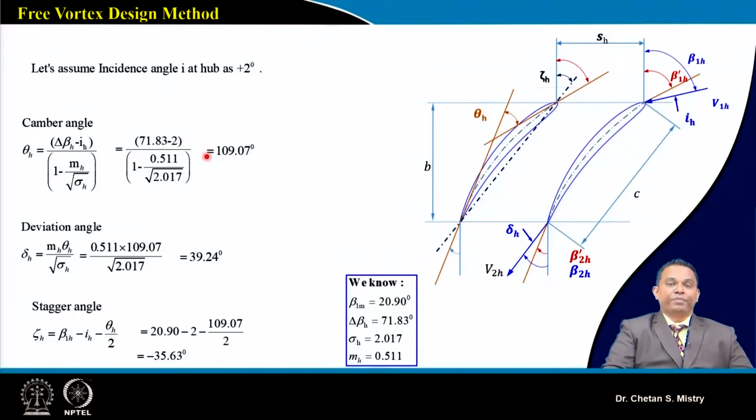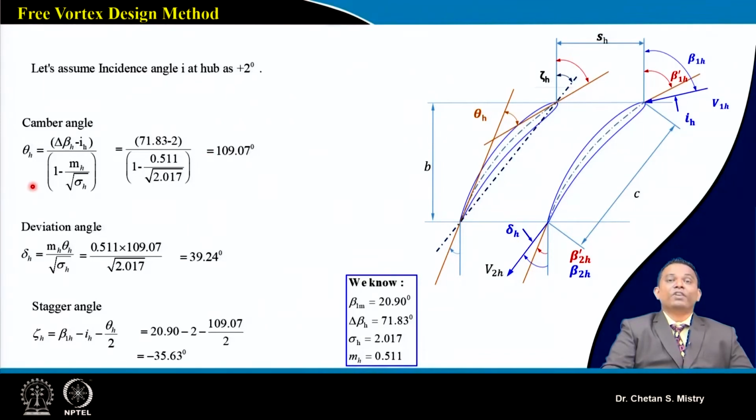You can understand, when we discuss all our results, we will realize what the limitations and challenges are when we opt for the free vortex design concept. That's the reason why we intentionally show the initial calculation for the hub station.